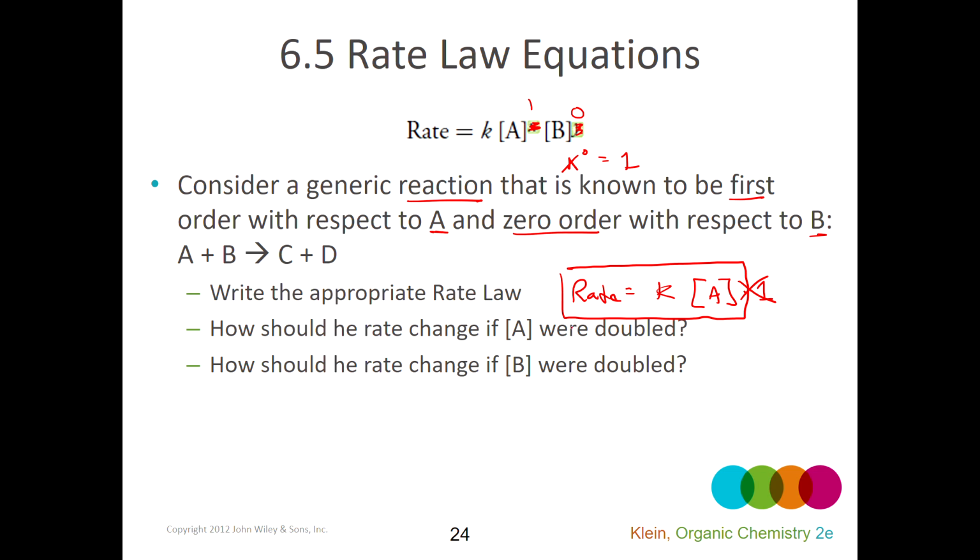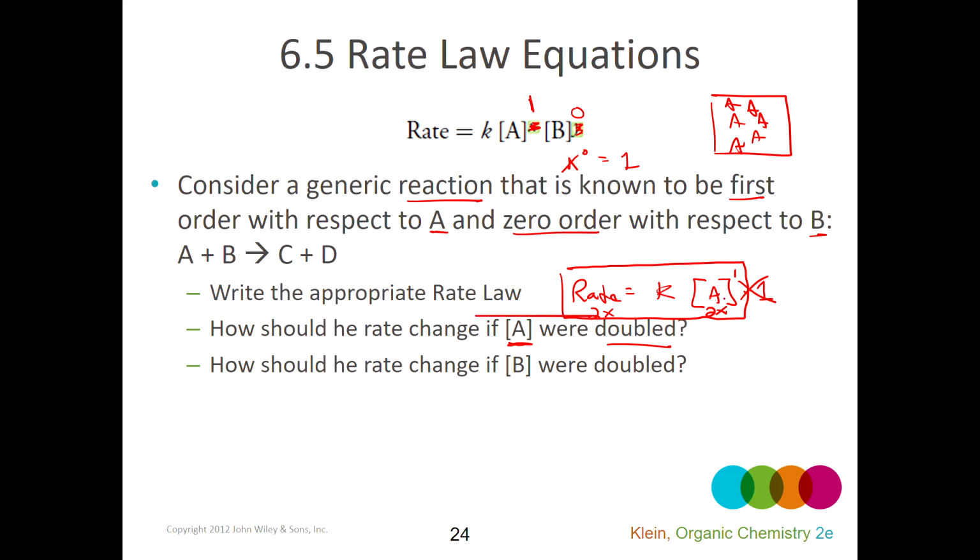So if I then double the concentration of A, let's say I do this reaction, I measure how many units of A are reacting per second, and then I double the number of units in a given amount of space. So not just doubling the number, I'm packing twice as many into the same amount of space. If it's first order and the exponent is a 1, which I might not show because leaving the exponent out implies that it's a 1, if I double that by putting twice as many in, the rate will end up doubling.